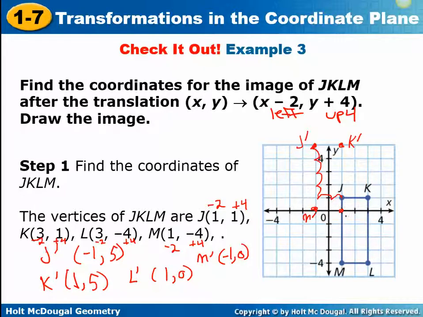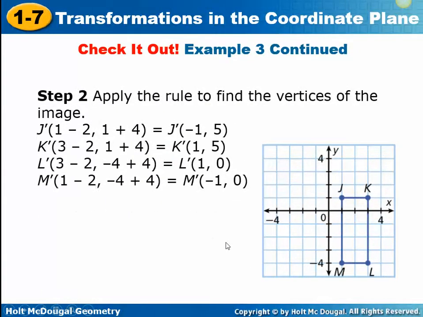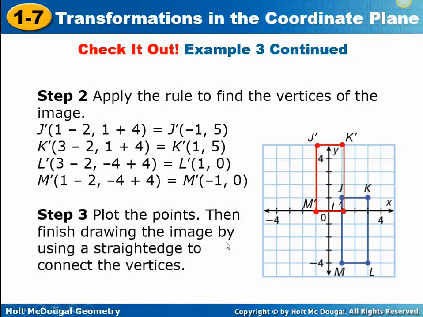It's okay if these figures overlap. Sometimes they will. And then you connect them with a straight edge, straight line segments. And the red rectangle is a translation, left 2 and up 4. This is just checking your work. They got the same thing that I did.